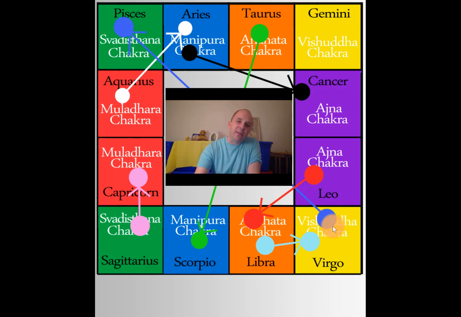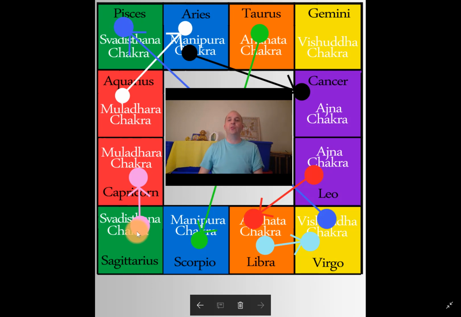Now, let's go over here to Jupiter. Jupiter is about the Swadhisthana chakra and the masculine half of the Swadhisthana chakra, which is about finding our purpose and direction in life. Well, our purpose and direction in life is least effective when all we're thinking about is our material security and trying to feel safe in the world.